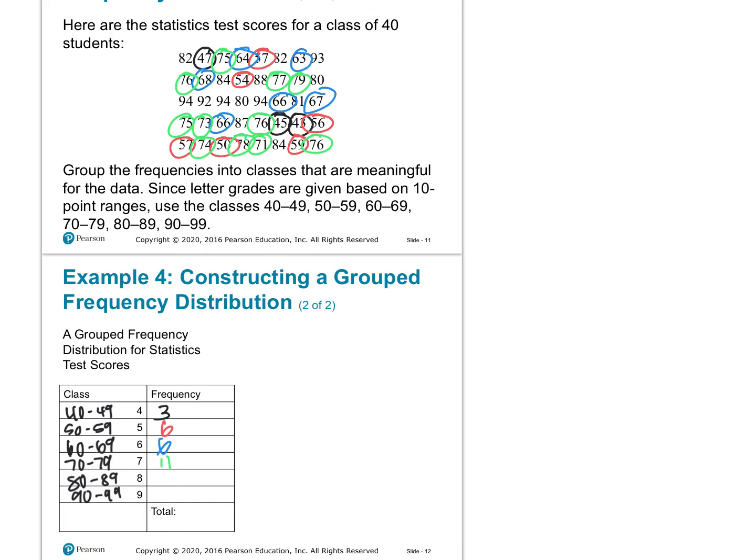And then 80 to 89, it should get easier as you're crossing off numbers. So 1, 2, 3, 4, 5, 6, 7, 8, 9. And then the last one, let's see, we'll do it in gray. So 1, 2, 3, 4, and it should be the ones that you have left, 5.